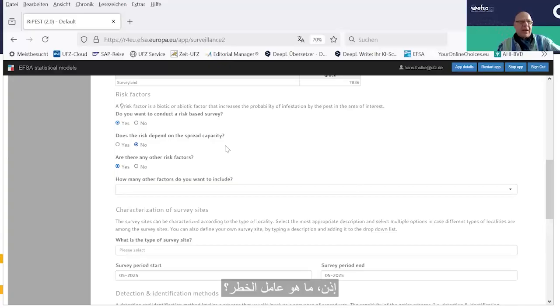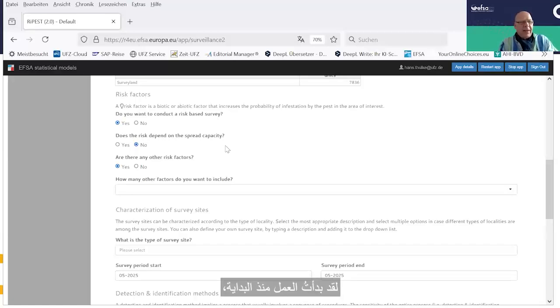So which risk factor, how should we name our risk factor? What is the aspect that we want to consider? Well, in our case, it was the distance to the infested countries. Yeah. And do you know how this will help us?